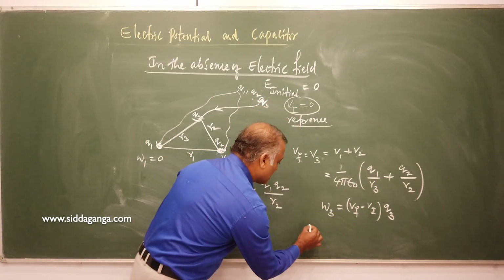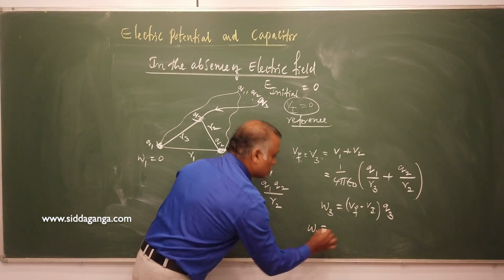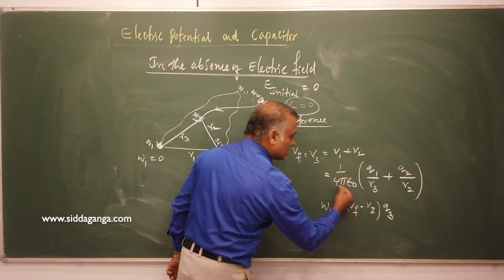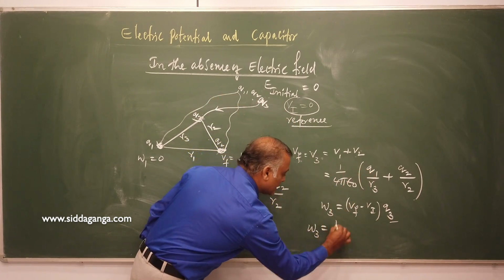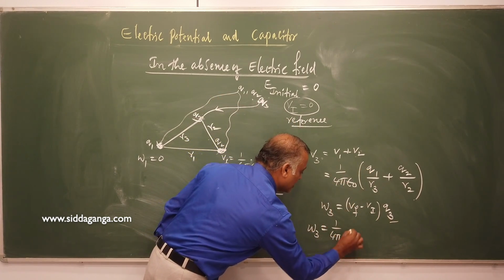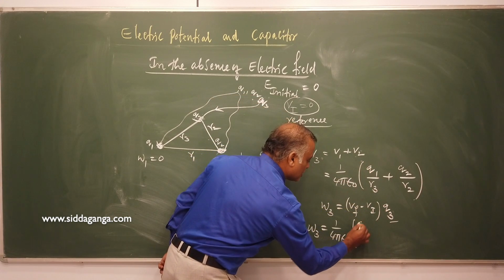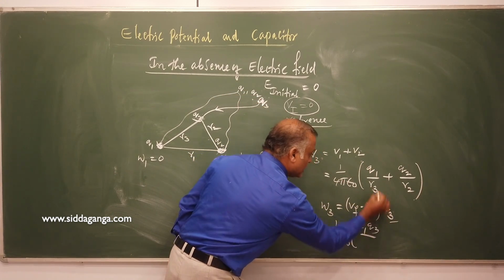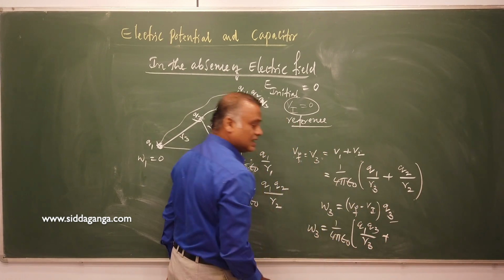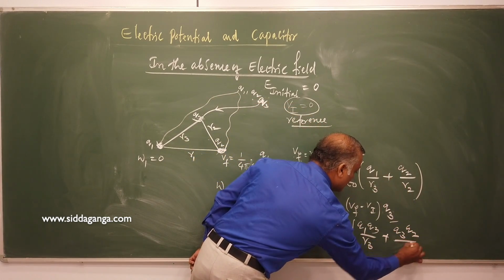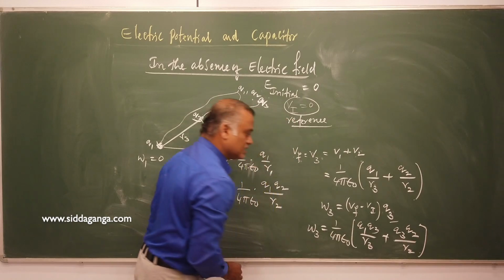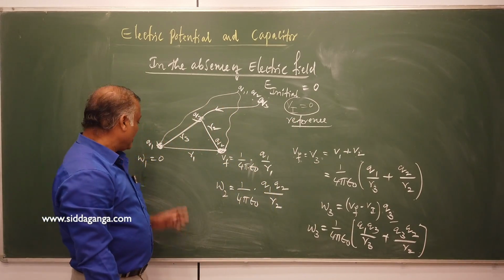So work done W3 is equal to, for this entire thing, multiplied by Q3. Now I rewrite this: 1 by 4 pi epsilon naught, Q1 Q3 divided by R3 plus Q3 Q2 divided by R2. I think you understood this.